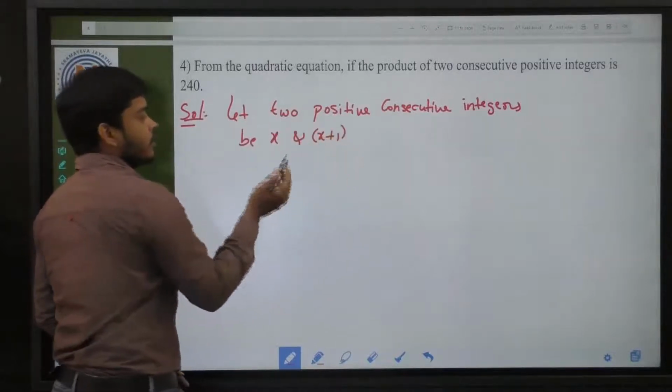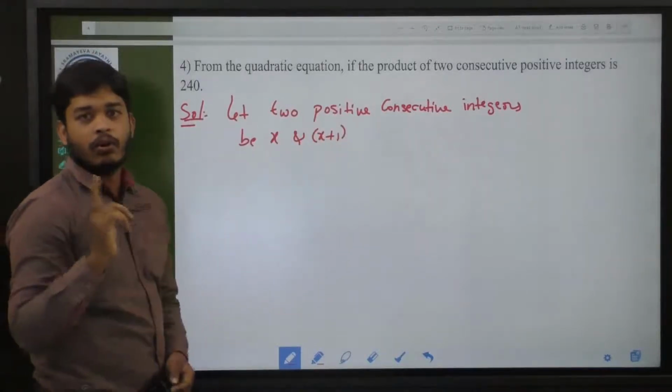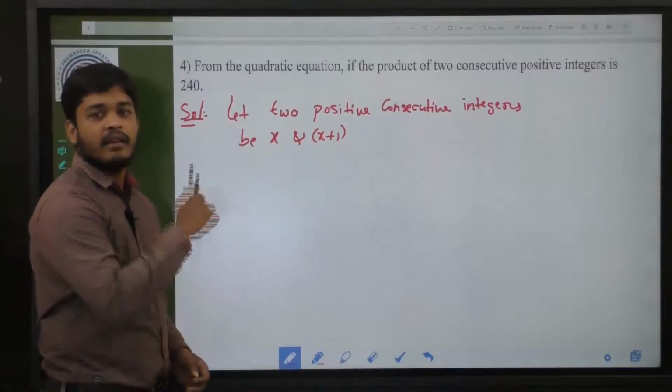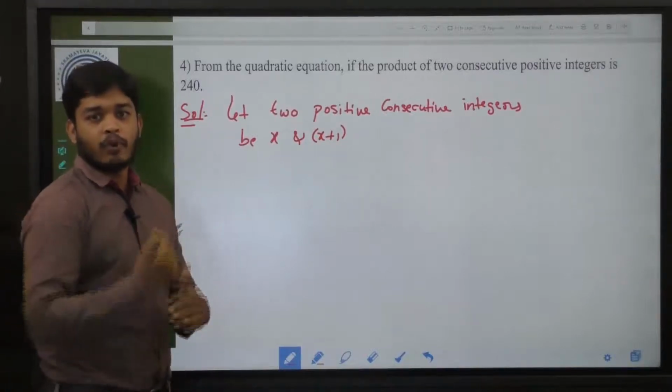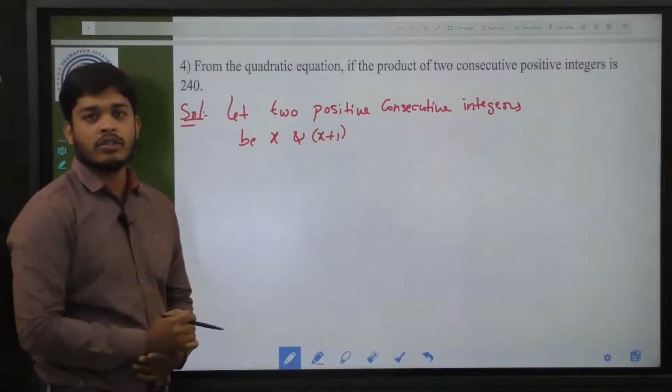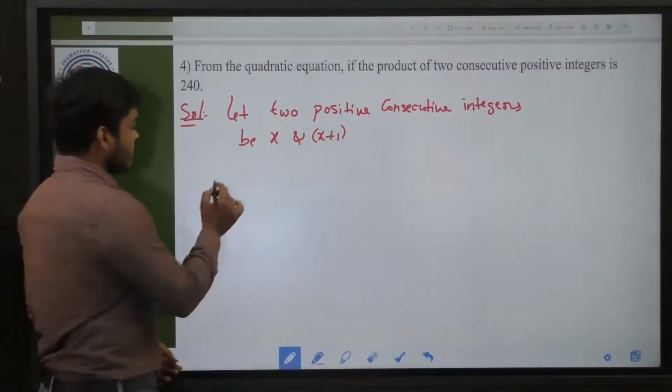I am taking two positive consecutive integers, x and x plus 1. So their product is how much? Their product is 240.